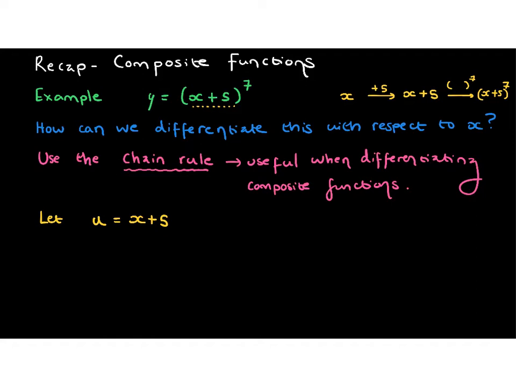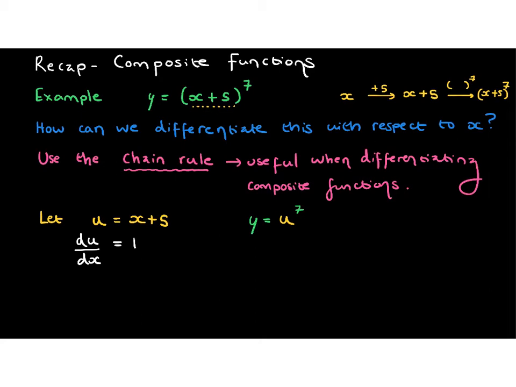Now, I can then write y in terms of u. So instead of y = (x + 5)^7, I can say that y = u^7. And I'm now going to perform two differentiations. I'm going to differentiate u with respect to x. So du/dx is equal to 1.